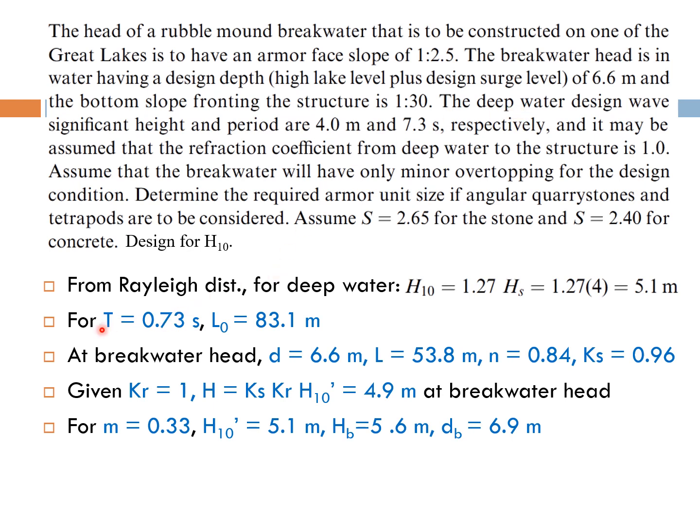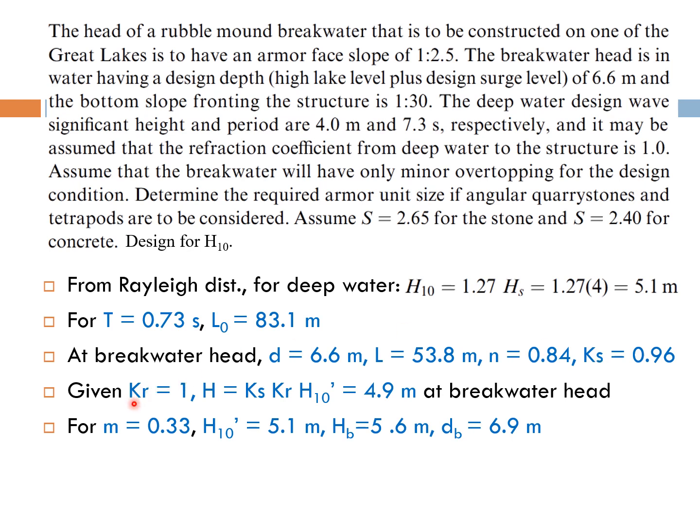So what we do next is that we use the wave period to determine the deep water wavelength, so that we can find out at the breakwater, where water depth is 6.6 meter, the wavelength is 53.8 meter. The n equals 0.84. The shoaling coefficient equals 0.96.